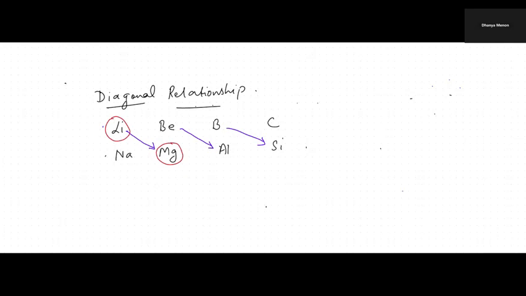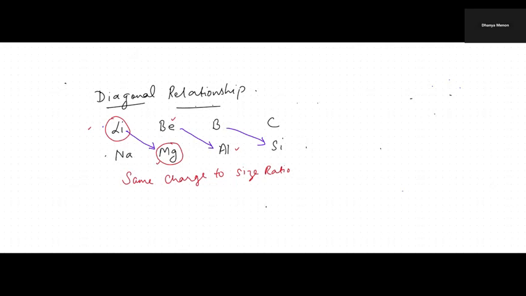This is because of the same charge to size ratio. That means the charge to size ratio of lithium is similar to that of magnesium. Beryllium is similar to that of aluminium. Because of similar charge to size ratio, which is also called charge density, they show this diagonal relationship. It is also called polarizing power.